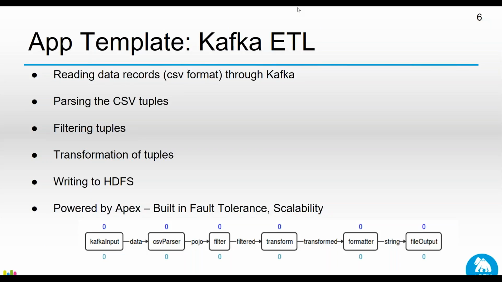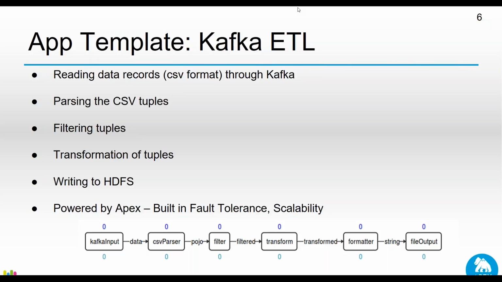It's providing this data over a stream to a CSV parser, and the parser then parses this data, converts it into a plain old Java object, passes it through the filter, and it goes through a transform. In the transform, you could apply your expressions, Java expressions, to transform the data, read data from external sources as well, or transform as per your need. And then there's a formatter, and then it ultimately writes the data to HDFS.